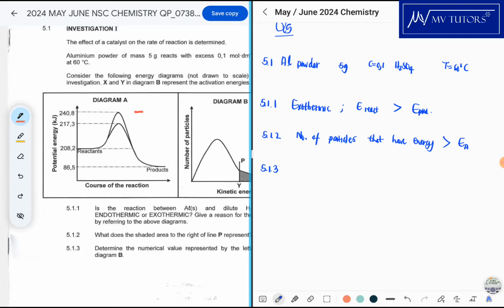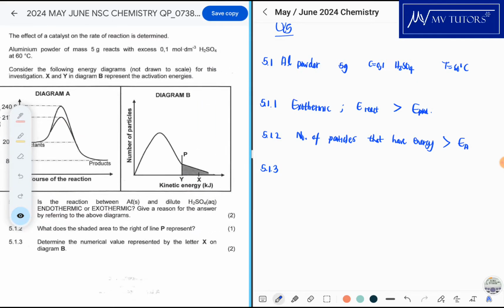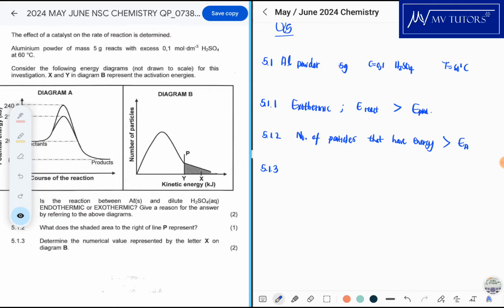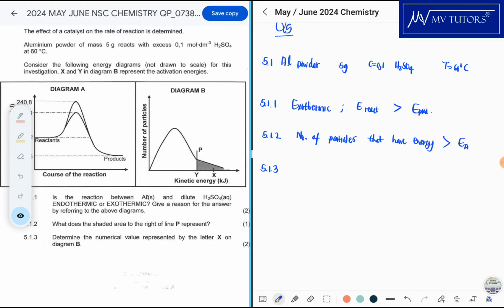So you needed that amount of energy, but now because of a catalyst, the activation energy has reduced, and we can see it here. We can see it on diagram B that initially with X you needed a high activation energy, but as soon as there's a catalyst, your activation energy did reduce.